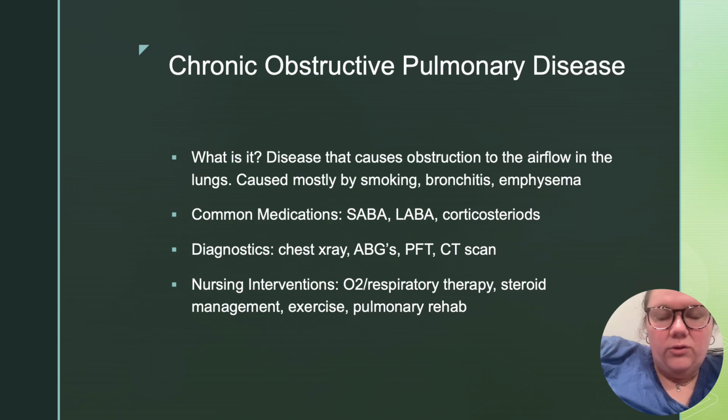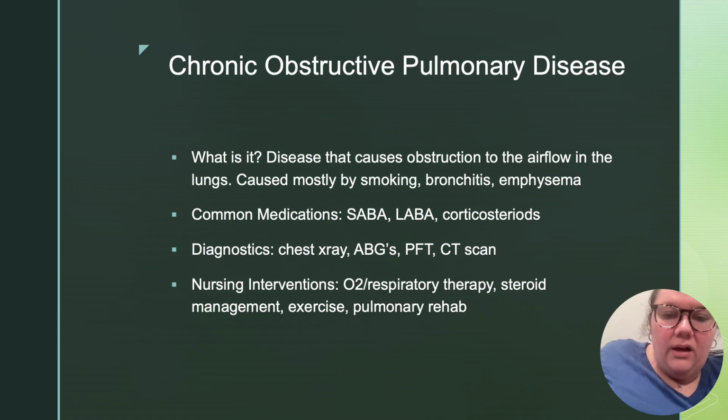A lot of times that's to rule out a blood clot to the lungs, or it can help us identify things like lung masses. So CT is helpful in that regard. Nursing interventions. I do mention the PFT. That's more for patients who are working in the clinic, or patients going to clinic appointments. If you work in the clinic, you'll probably see PFTs.